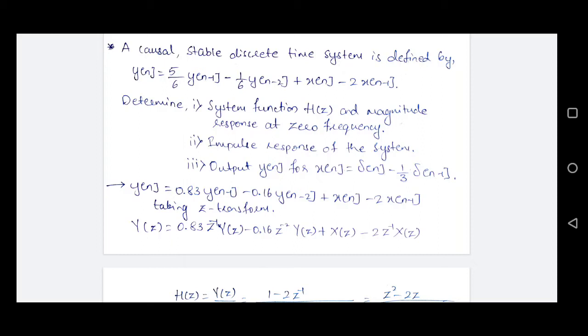We'll write the difference equation and take its z transform, which will give us Y of z equals 0.83 z inverse Y of z minus 0.16 z to the power minus 2 Y of z plus X of z minus 2 z inverse X of z.